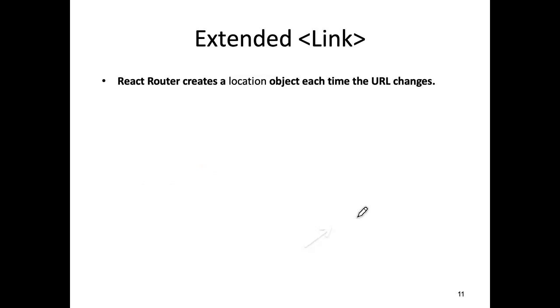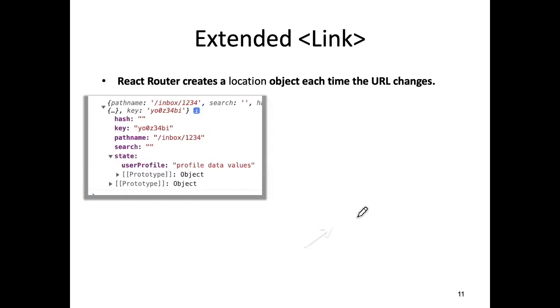That location object contains information about the new value of the browser's URL address and properties of the new URL address that's in the browser. And it puts this into an object which we refer to as the location object. And I did a console.log of the location object from my inbox component, and this is what it looks like. Now, most of the properties of this location object are not of any particular interest to us.